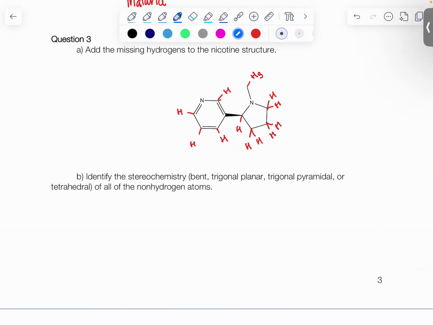So starting with this carbon, we have 3 substituents and no lone pair, so it's trigonal planar. I'm going to go ahead and just circle all of the trigonal planar atoms in blue to save some time.